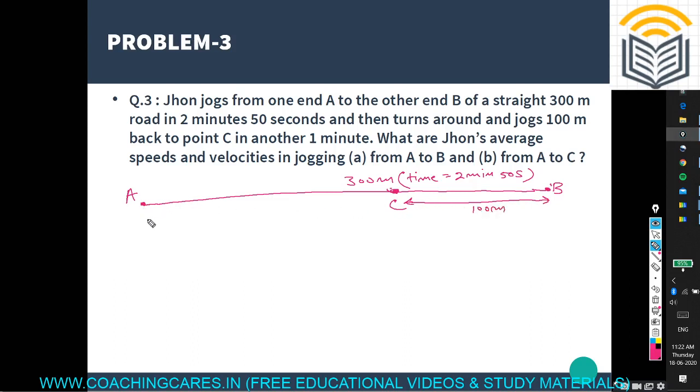So the distance between A and C will be 300 minus 100, which will be 200 meters.